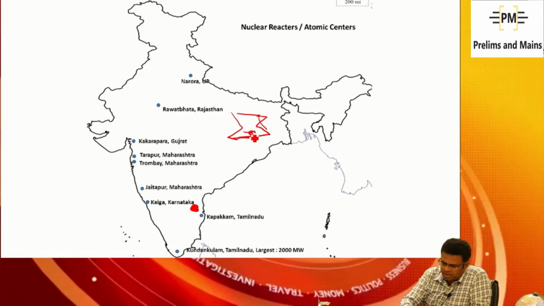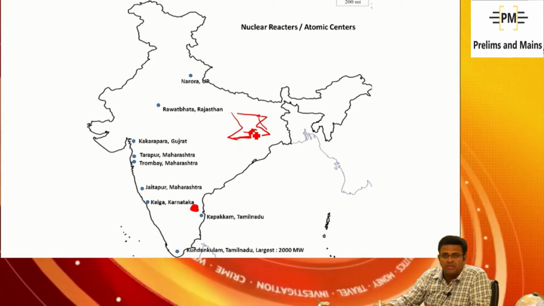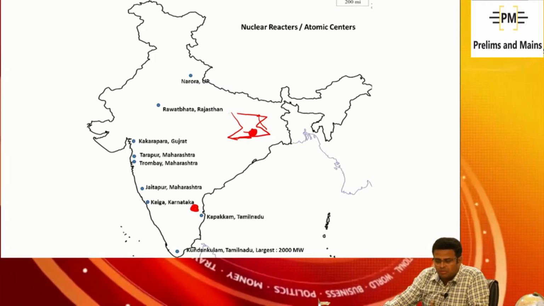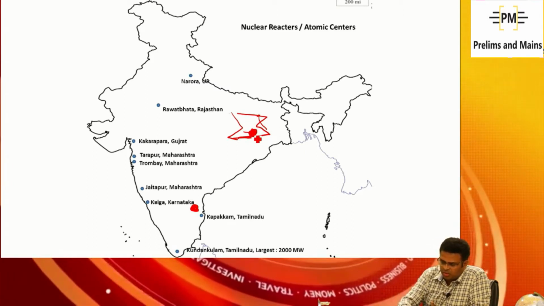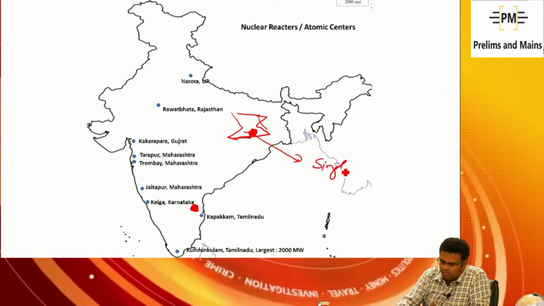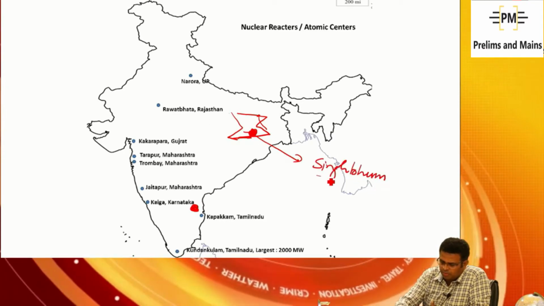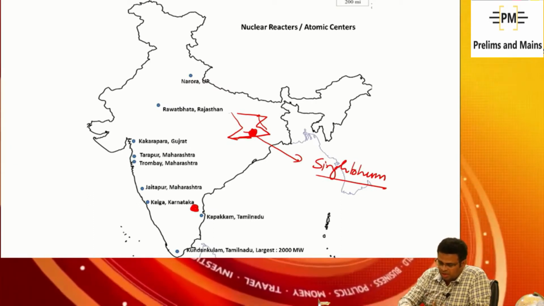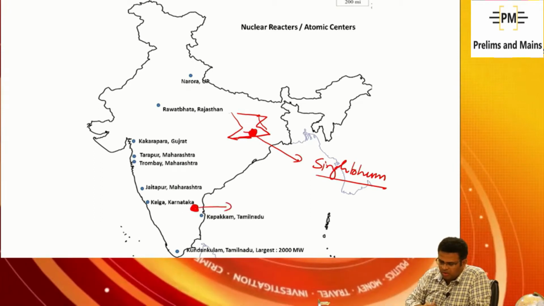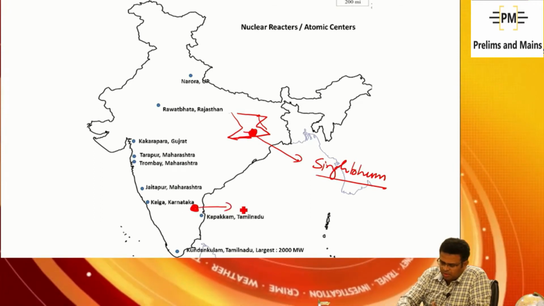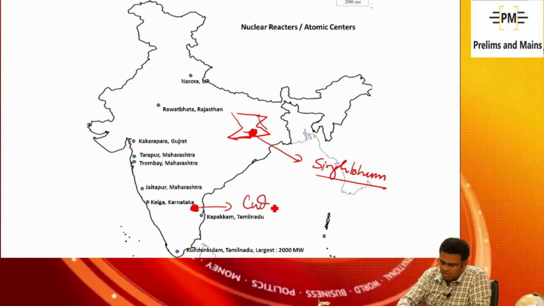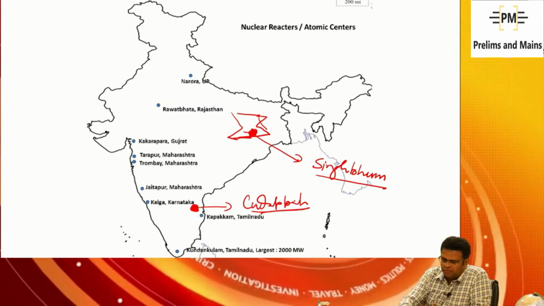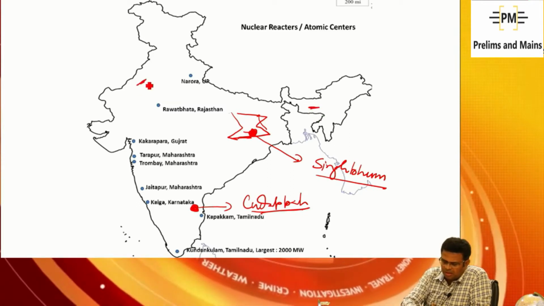The Singhbhum region, below and near Jamshedpur, is where most of the reserve is. So one is the Singhbhum region of Jharkhand, and the other is the Kadapa district, and a few things in Meghalaya and Rajasthan.